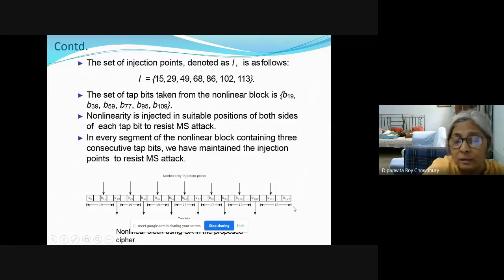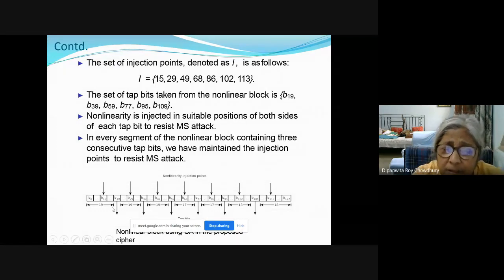You can do the reverse thing also, because it is a totally uniform structure. Then we saw that this is a very good structure which can avoid your MS attack. And this is nothing but the injection points, there must be some gap. Theoretically, it has been established why this minimum gap is required.